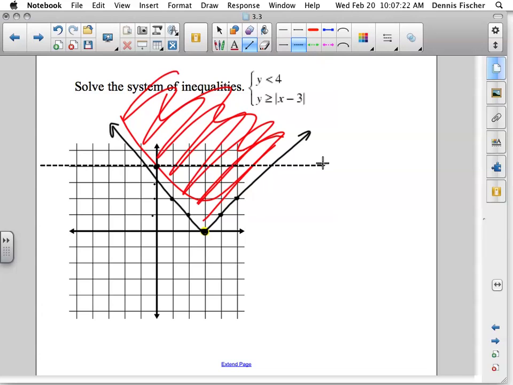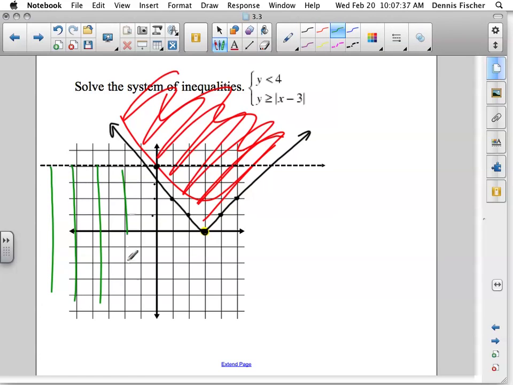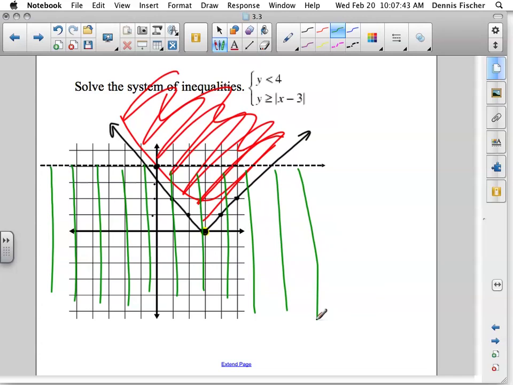Right there. Correct? Less than 4 means what? Below the line. It's going to be below the line. Okay? So if it's going to be below the line, I'm going to go back over here. Below the line, I'm going to stay down here. So, where's my answer at?